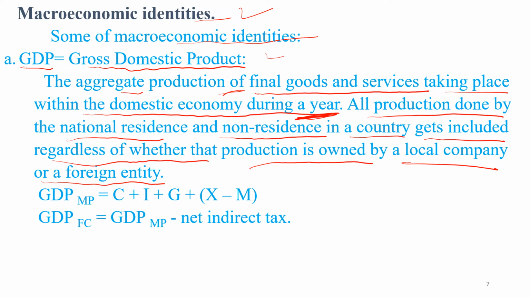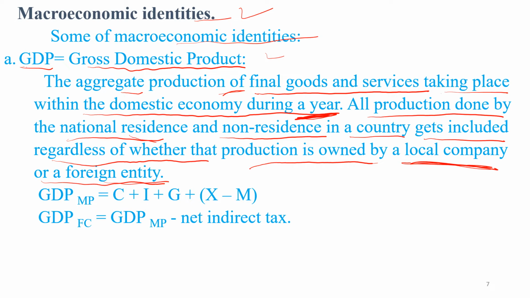What do you mean by that? That means in India, whether it is established by an Indian company, a domestic company, or a foreign company, it has to be located within the country. So that is what they are, whether it is owned by a local company or foreign entity.